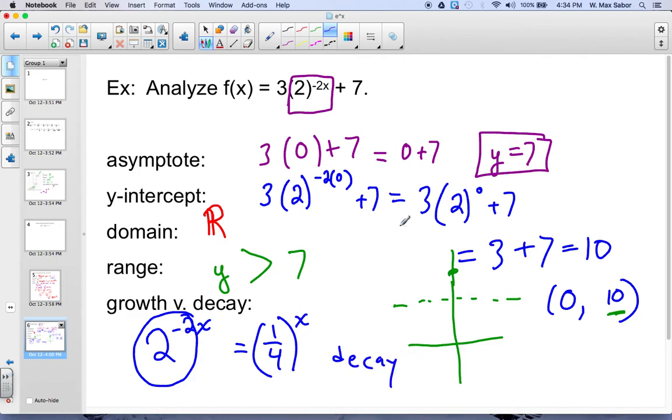So a good sketch of this graph is going to be, all right, we have this asymptote at y equals 7, we have an intercept at (0, 10), and then we know that it's decay. If I ask you to graph this, not sketch it, you should be more specific about it being multiplied by 1/4 every time we go to the right. But this is a good sketch.